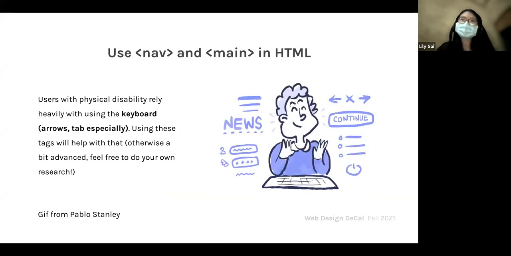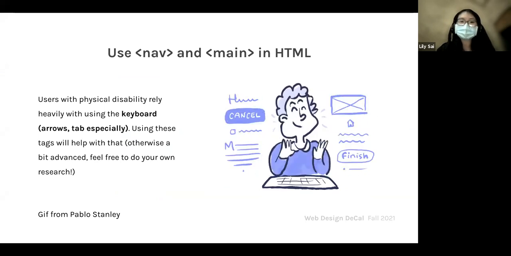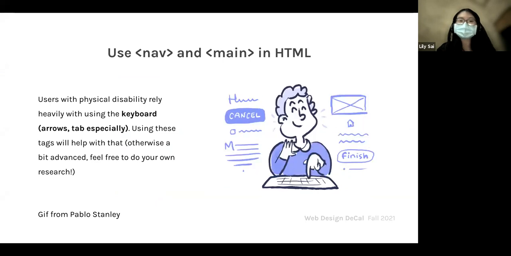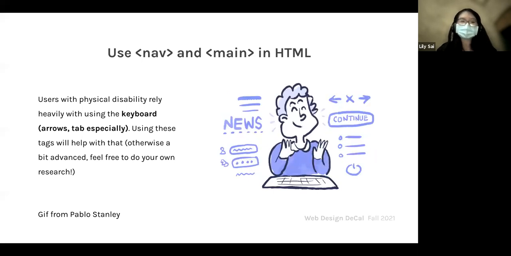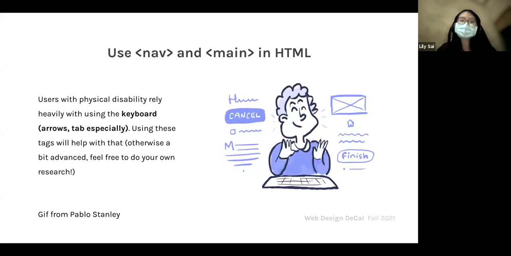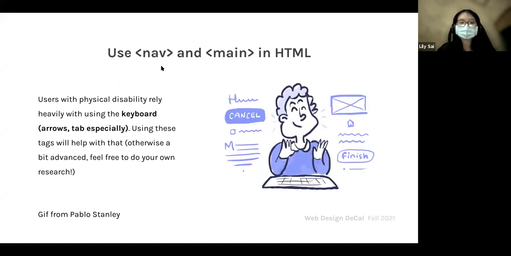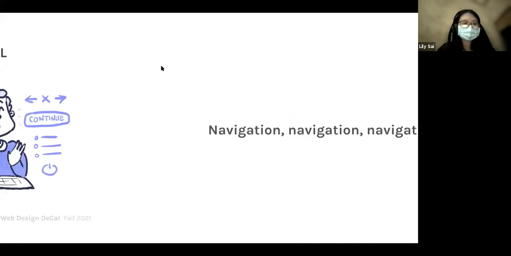It can be really overwhelming to listen to every link on a website, especially imagine being on a news site where there's not only a navigation bar, but also 20 different articles. How do you get to where you want? So it's important to have these sorts of semantic tags that help the users differentiate.